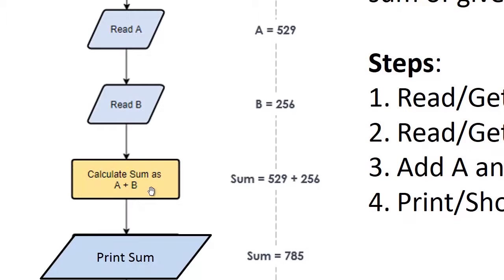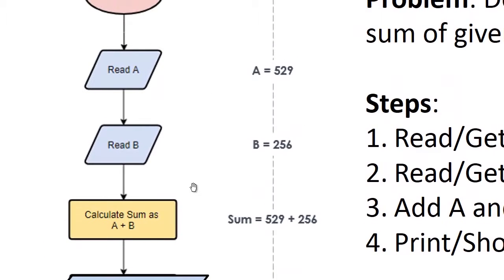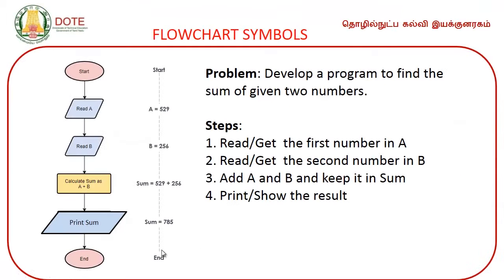So, sum equals A plus B, and print. Here the read and print are represented using parallelograms, and the calculation is represented with a rectangular shape. This is the end of the flow chart.